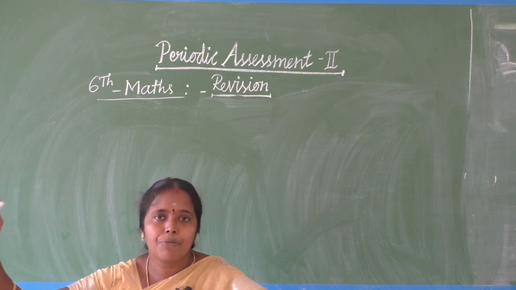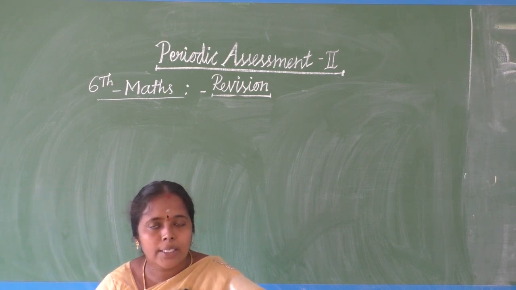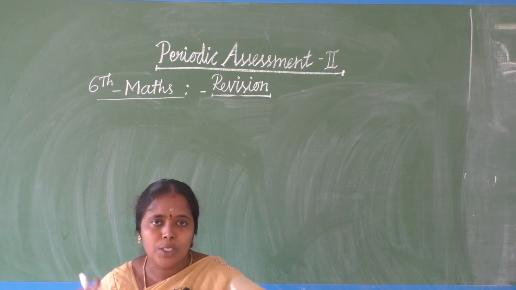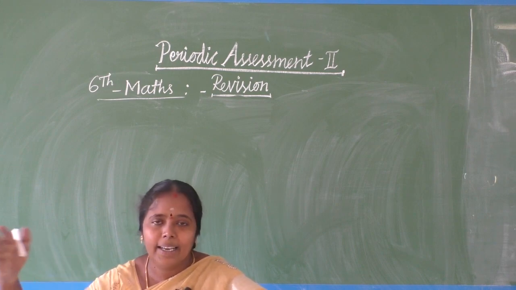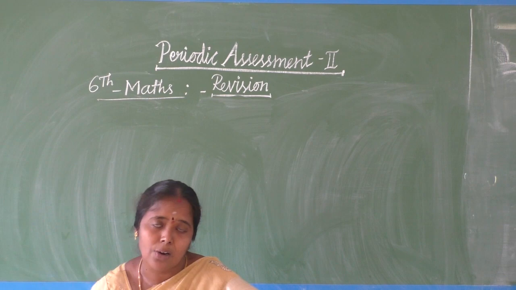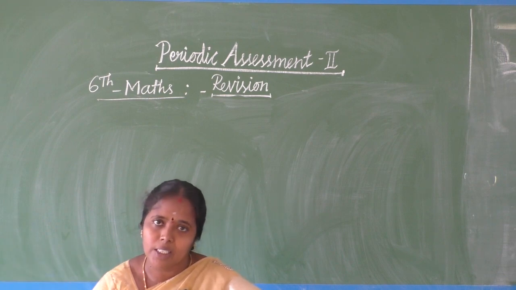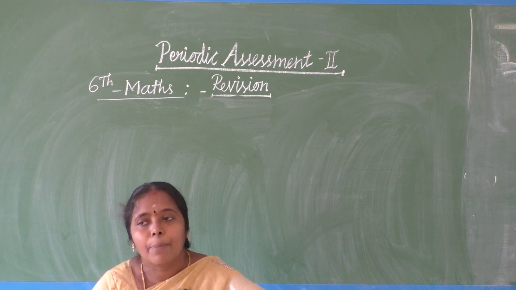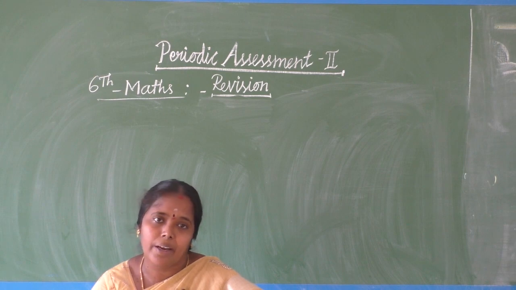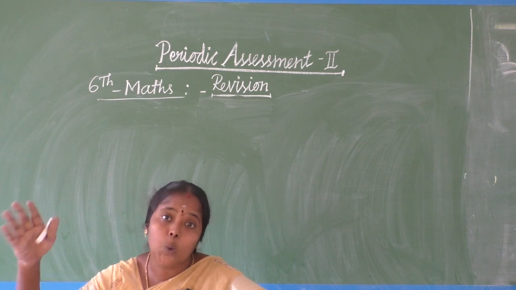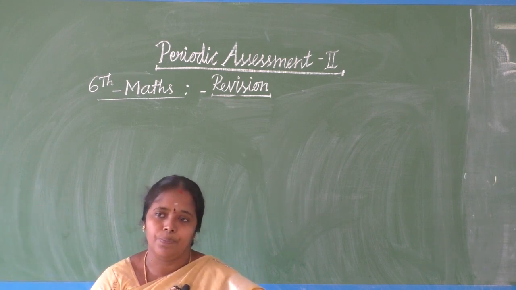So multiples of 4, continue: 1 4 is 4, 2 4s are 8, 3 4s are 12, and so on. So multiples of every number are infinite. 100 4s, 1000 4s, it goes on.